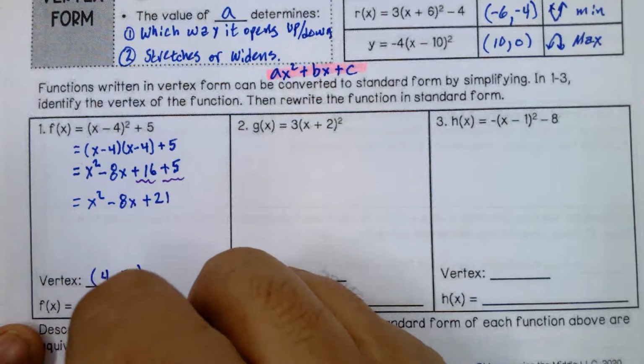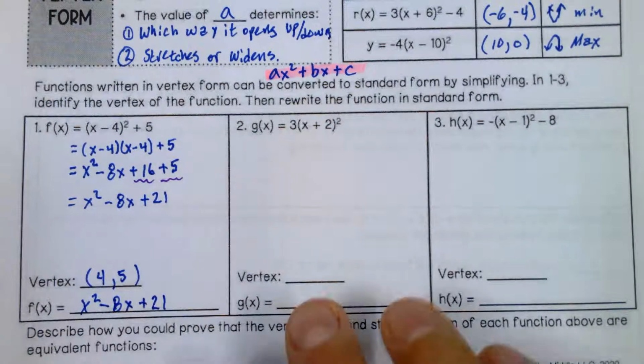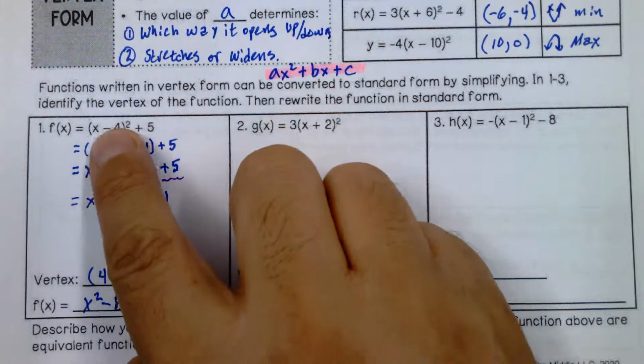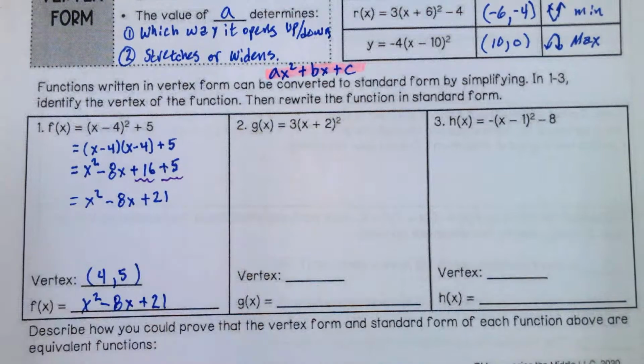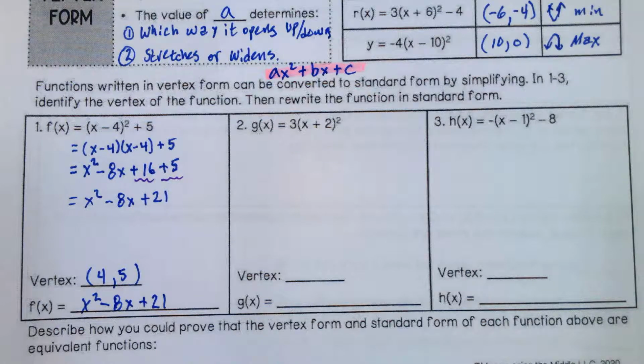Now, real quick, guys, when you want to do the shortcut, when you're squaring a binomial, remember, you square the x term. That's how we ended up with this. You take the x and the negative 4, multiply them together. That's negative 4x.